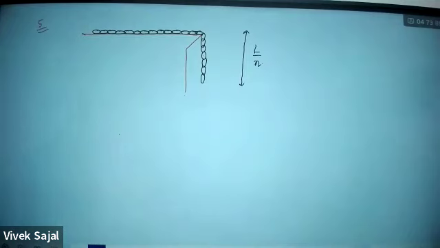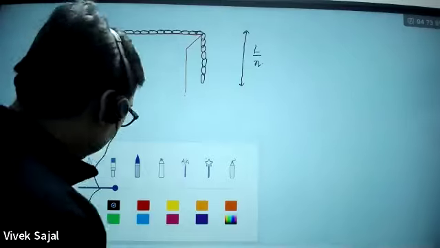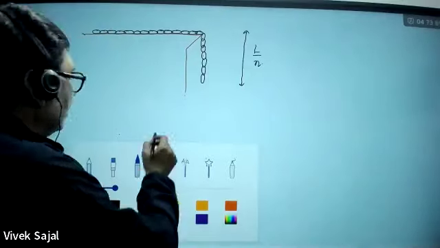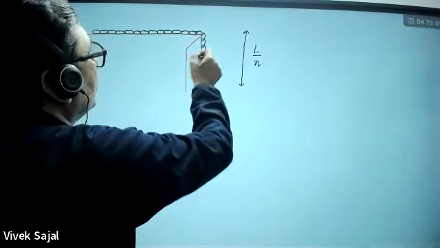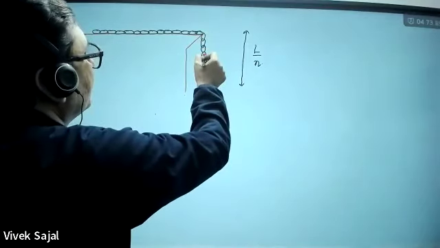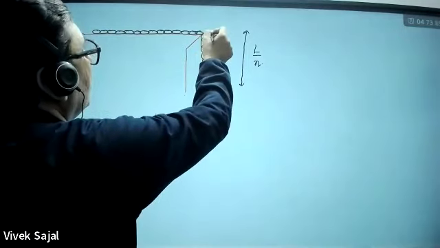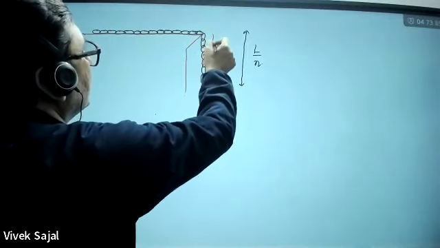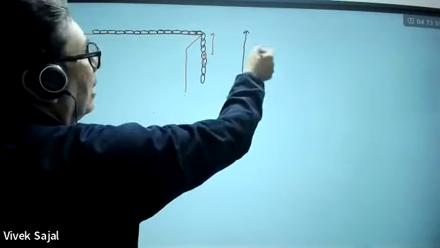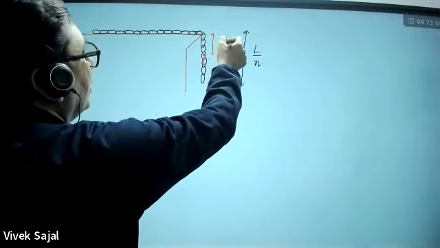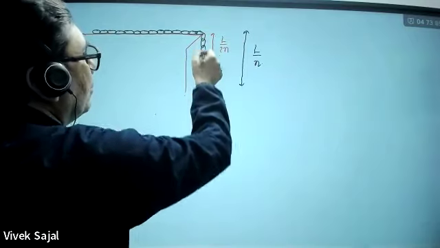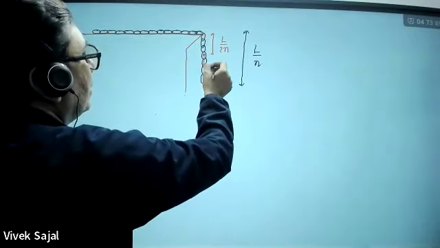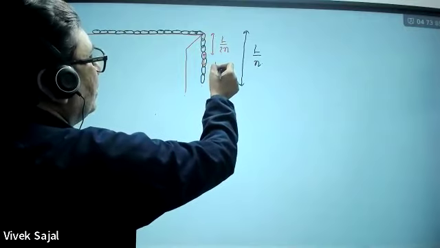So this is a very simple question. This part is hanging, its weight is going to act at its center. So basically its center of mass is here. What is this distance? Half of it, this will be L by 2n. And at this point, what is the mass of it?